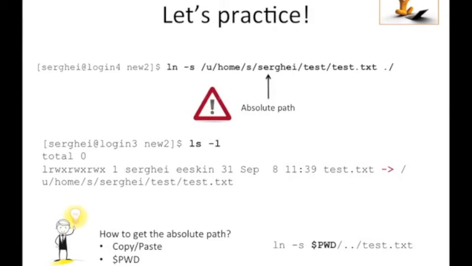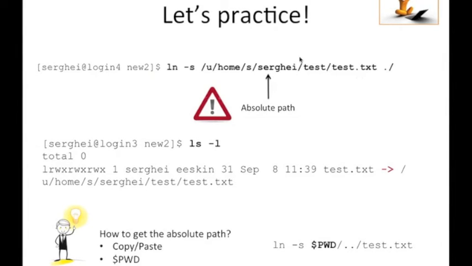So let's see how we'll do it. One thing to know is that we'll need to use the absolute path. What does absolute path mean? The absolute path is the long path, starting from your home and so on, saying where the file is located.